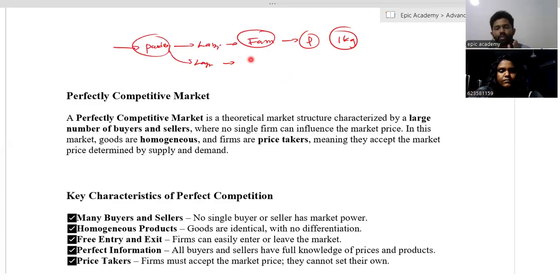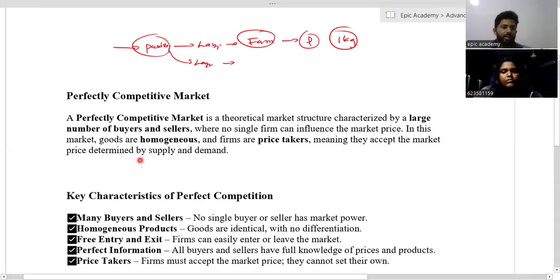Because they own a tiny market share. If you consider the total paddy production in one season, one farmer produces a tiny share. That is why they cannot influence the market price.